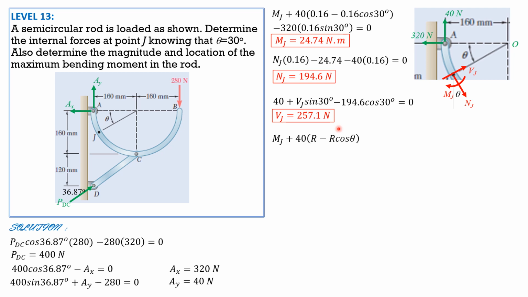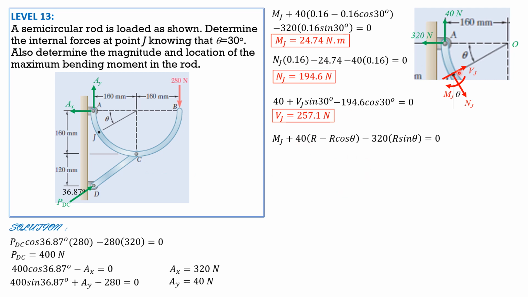Now for the second part, maximizing bending moment. I leave the checking with summation of forces x to you, to verify these answers. In general, theta is unknown this time because we want to maximize and locate the point on the semicircular rod where the moment is maximum.